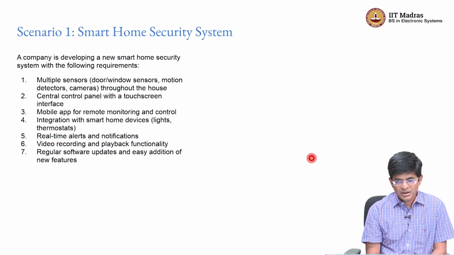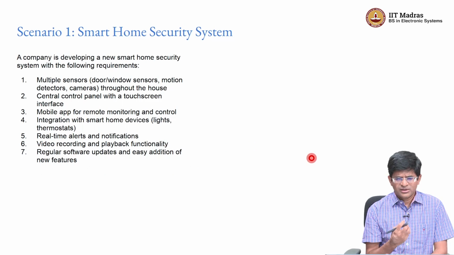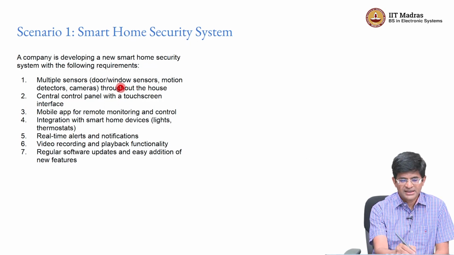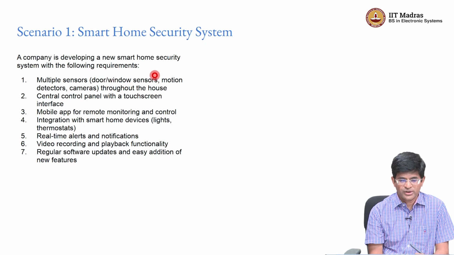So with that in mind, let's take a quick look at two examples, to see how you would go about choosing, or what might guide the choice of, different architectural patterns in certain cases. So let's say you have a company that's developing a smart home security system.